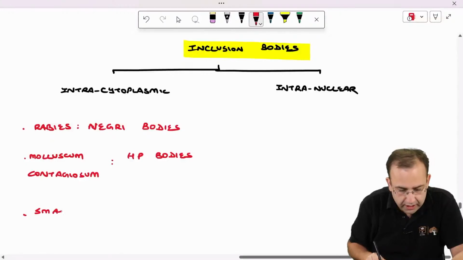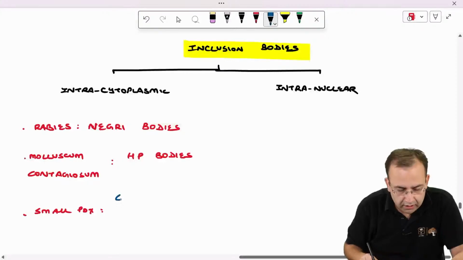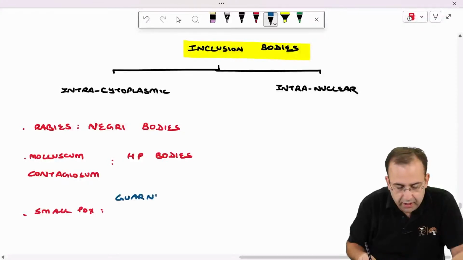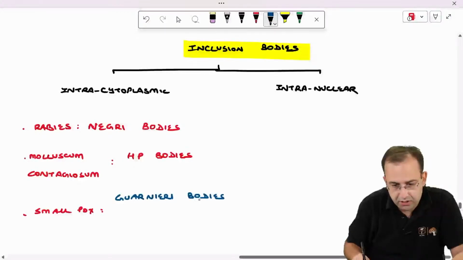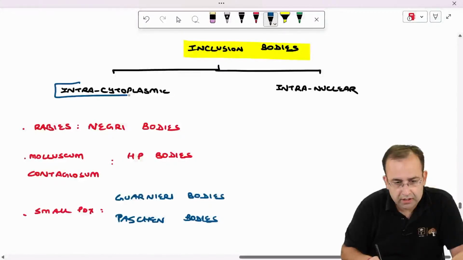Though it is eradicated, it shows the presence of two bodies, that is Guarnieri bodies and Paschen bodies. Not much interested, it is eradicated. Just historical significance.